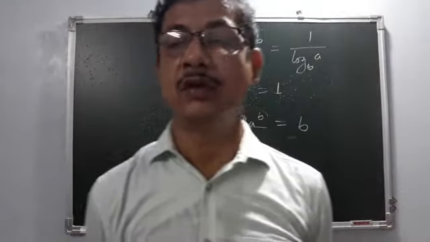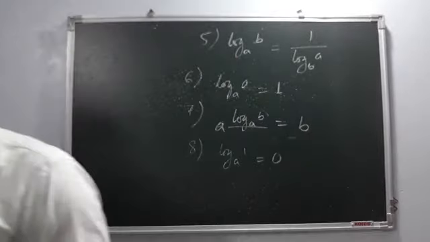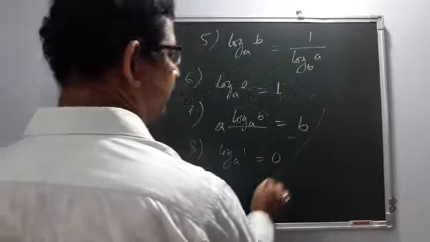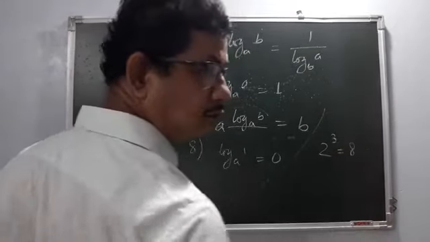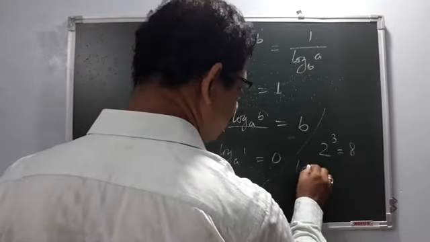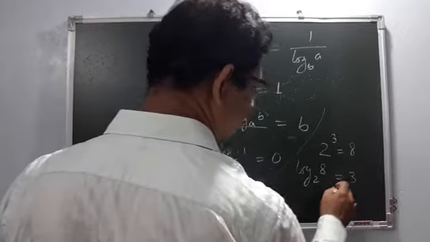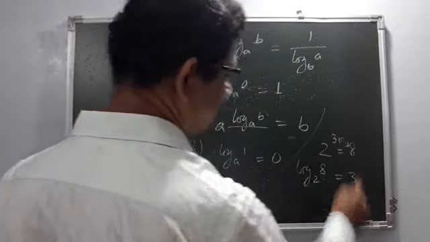This is actually log. And one thing, if I don't say the definition, then it may also be an injustice to you. What is log? Suppose 2 cube is what? 8. Then if we introduce the logarithm, they will interchange.